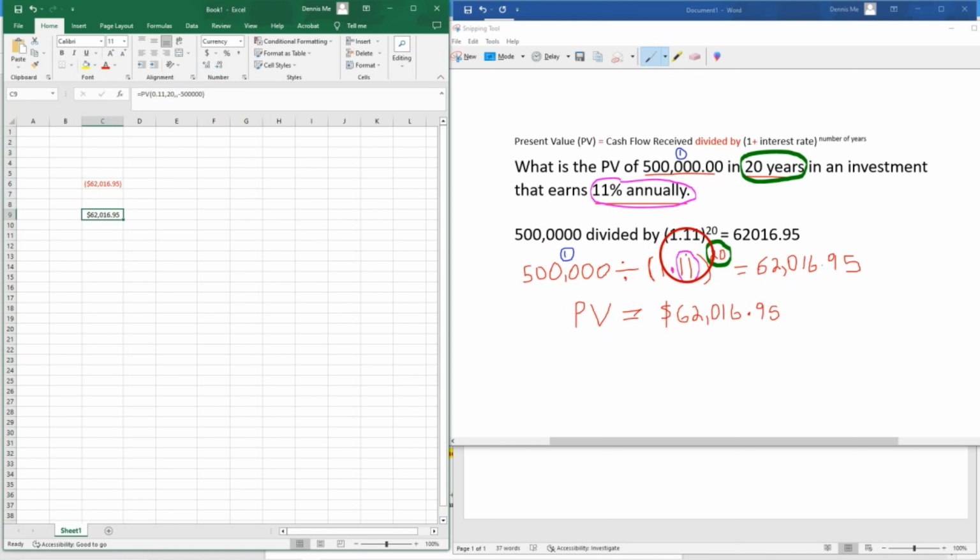You could put that money at 11%. The moment you invest your $50,000 in that instrument, you would actually gain the difference between the $50,000 you've deposited and the actual present value of that investment, which is $12,016.95. This would be a good investment.